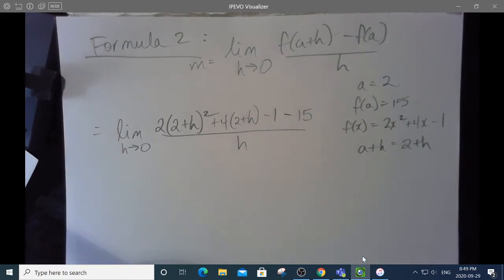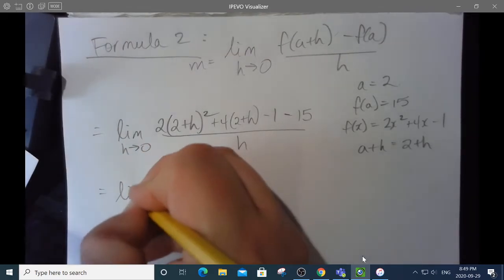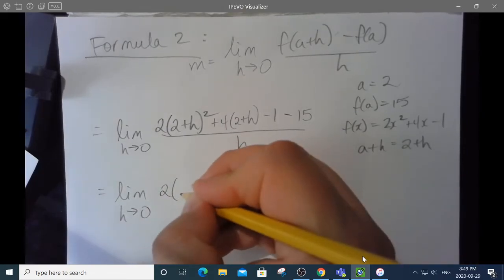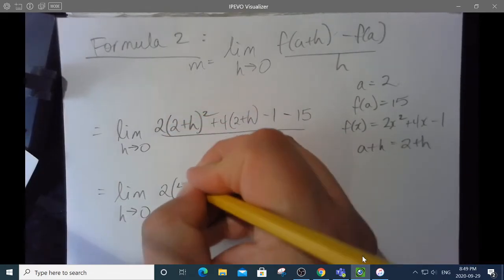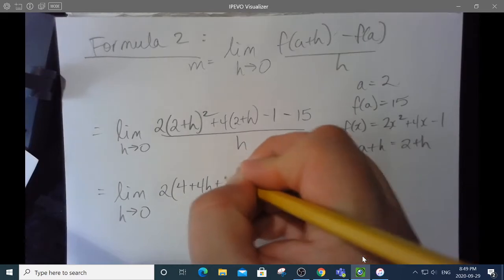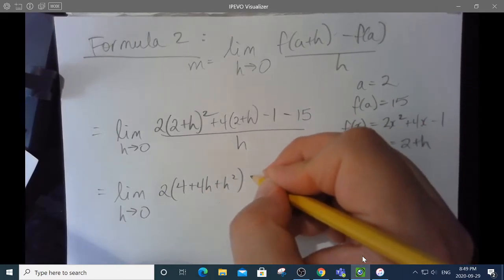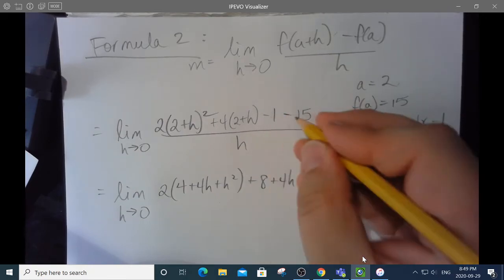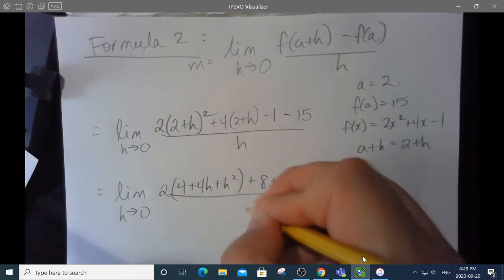All right, so I'm going to have to expand this, aren't I? So that's going to equal the limit as h approaches 0 of 2 times, expanding that squared, 4 plus 4h plus h squared. And this, of course, is 8 plus 4h, minus 1 minus 15 is minus 16.